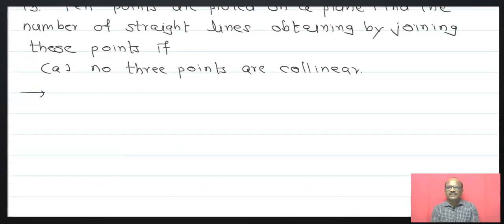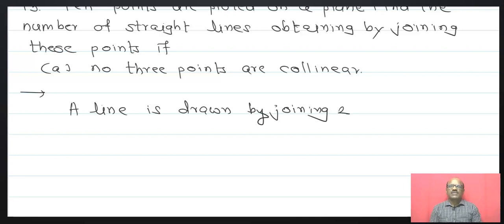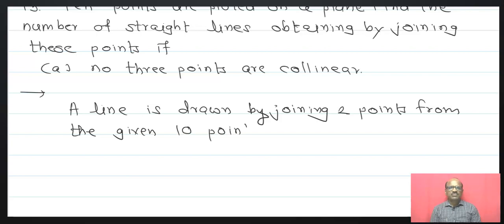If we take the 10 points, no three of them are collinear. A line is drawn by joining any two points from the given 10 points.